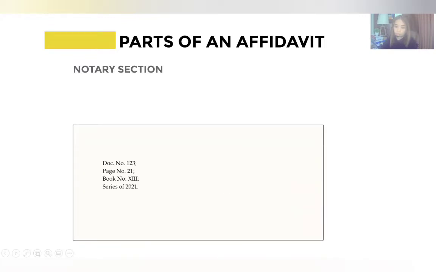Then, below the notary section are the details about the notarial book of the notary public. The details are usually placed on the left side of the document.